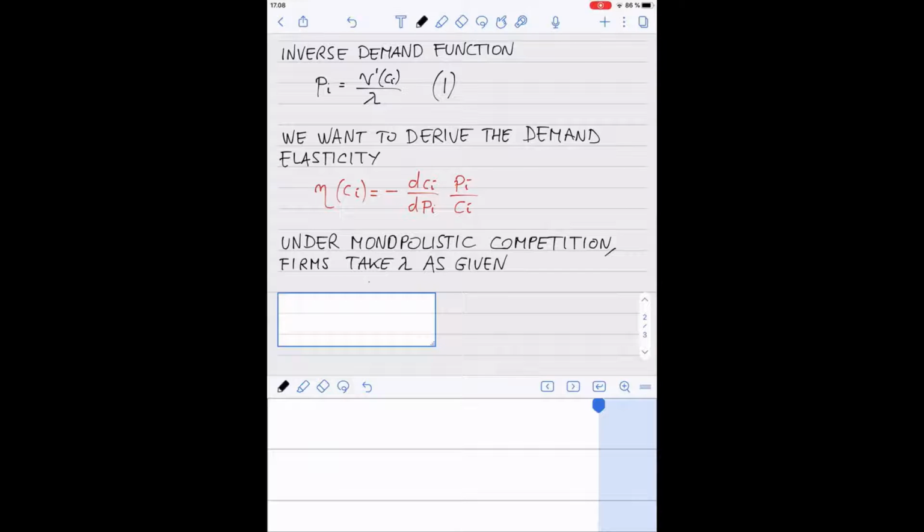So this means that to derive eta, we need to take the total derivative of 1 holding lambda constant.